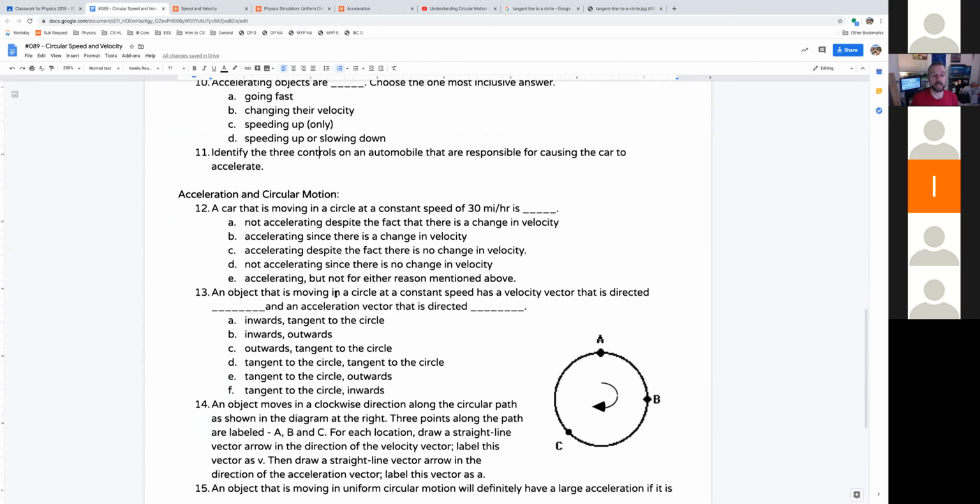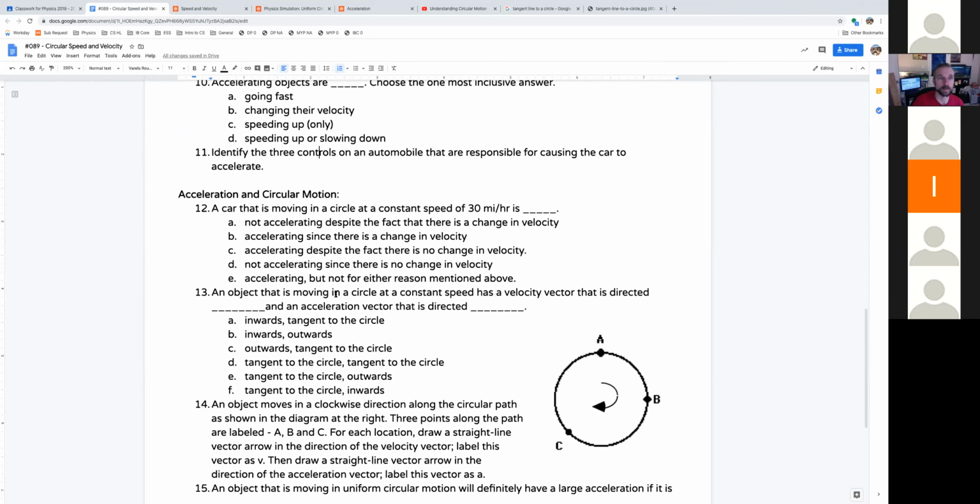Number 13, an object that is moving in a circle at a constant speed has a velocity vector that is directed where? We just talked about this. Where is that velocity vector? Inwards, outwards, or tangent to the circle?